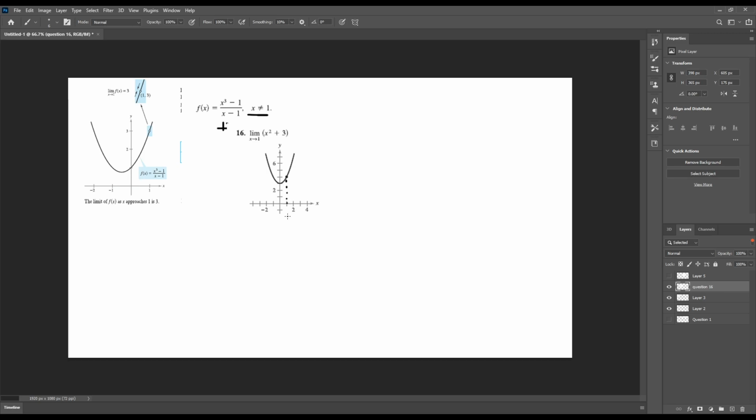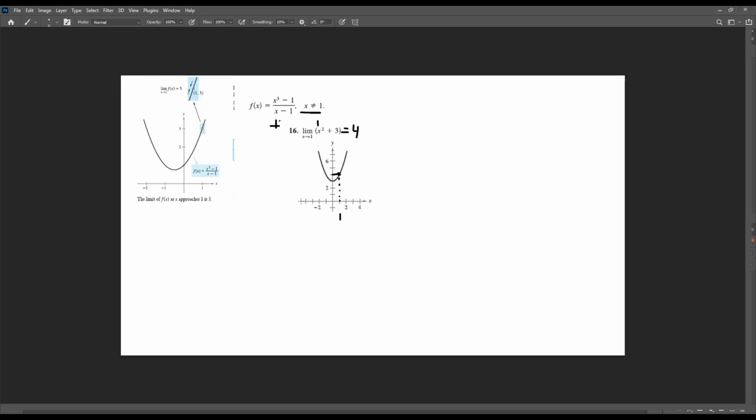So we can plug in x equal to 1 right here. 1 squared is equal to 4. So right here is our dot, and this is our limit right here. That means x cannot equal this number. We found this by plugging in x equal to 1, which is what we had over here, which is our little dot right here.